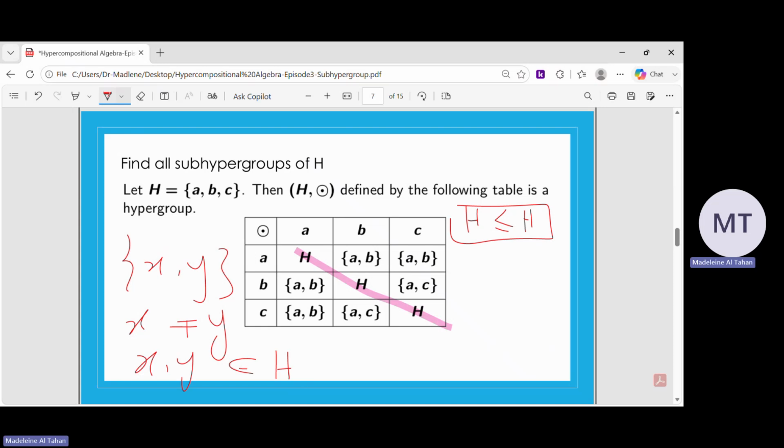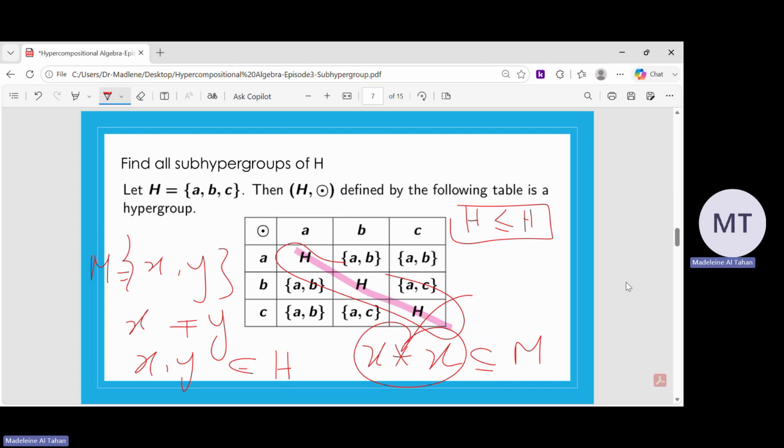Now, for it to be a subhypergroup, X star X should be in it. So if I call this one M, it should be a subset of M. But X star X is equal to H, and M is not H. What can we deduce here? That the only subhypergroup of this hypergroup is itself. And this is another example where we have only one subhypergroup of the hypergroup.